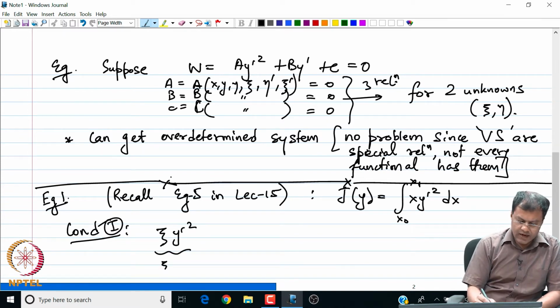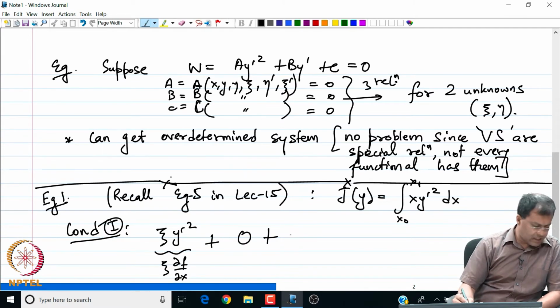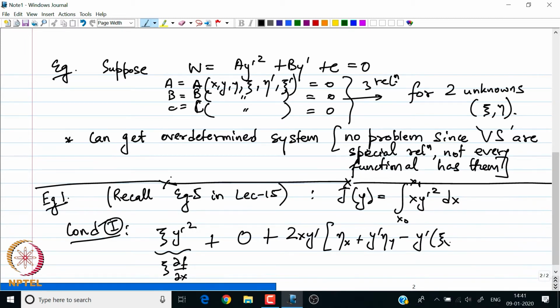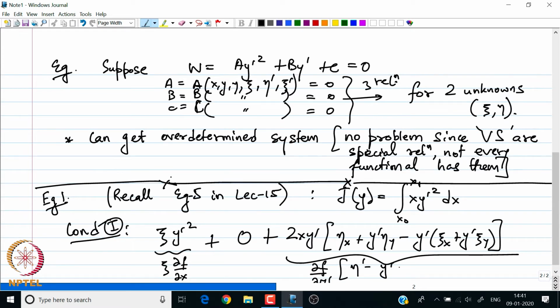Notice that this is nothing but xi times partial f partial x, plus there is no function of y, so plus a 0, plus the next relation is del f del y prime, so 2xy prime times eta x plus y prime eta y minus y prime times zeta x plus y prime zeta y.